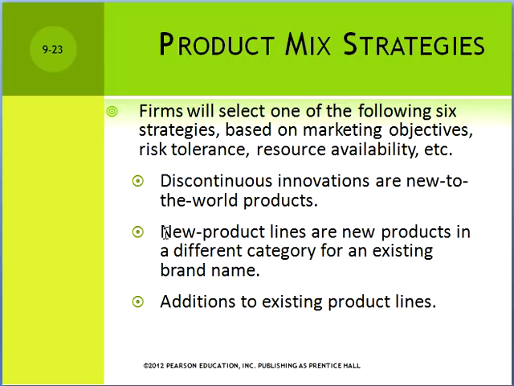New product lines, in the second category, are new products in a different category for an existing brand name. So the brand name is already there, but it's a new product category. For example, going back to Google, Google just acquired a company. I believe WhatsApp was acquired by them, or was it Facebook?